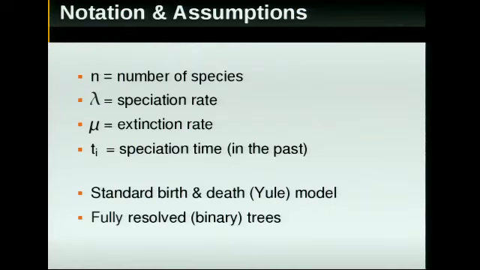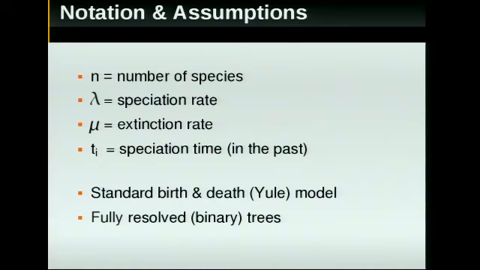So before getting into the method itself, just some basic notation and assumptions, which is already quite familiar, I guess, by now anyway. N is the number of species that we have in our tree. Lambda indicates the speciation rate. Mu indicates the extinction rate, as we've already seen. And I have speciation times, these t_i. So these are the nodes in the tree where speciation events happen.